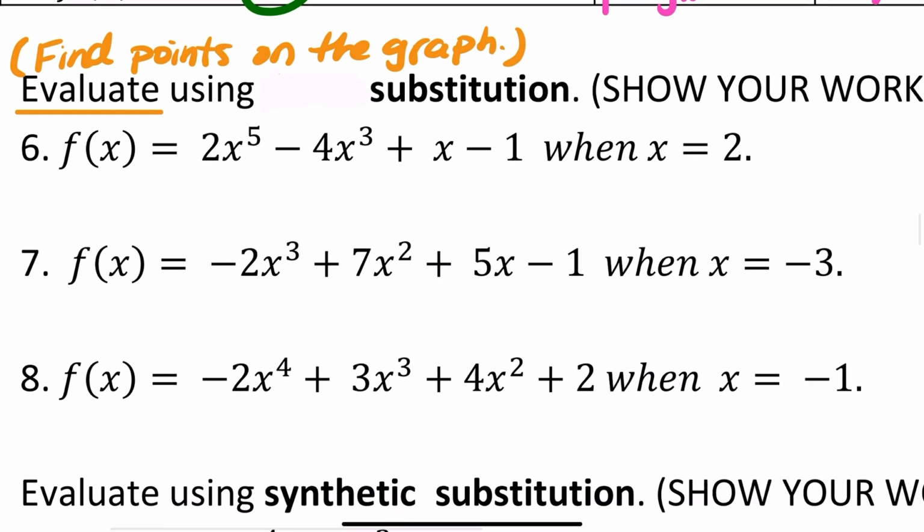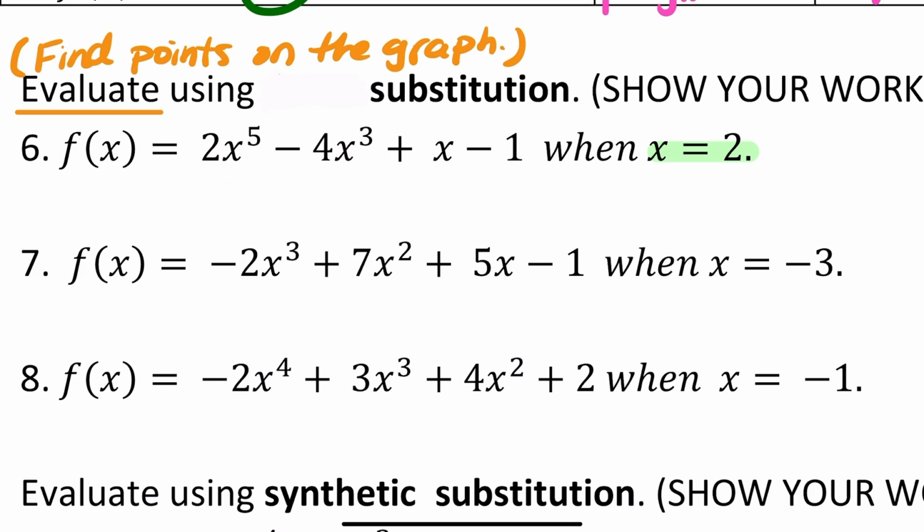Okay. So it says f of x is equal to 2x to the 5th minus 4x to the 3rd plus x minus 1 when x equals 2. So we're going to evaluate this function when x is 2. So we want these x's to be replaced with a +2.